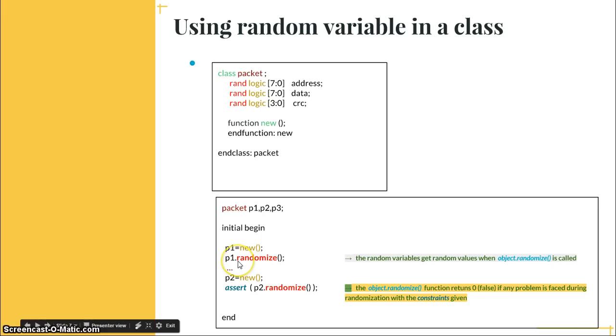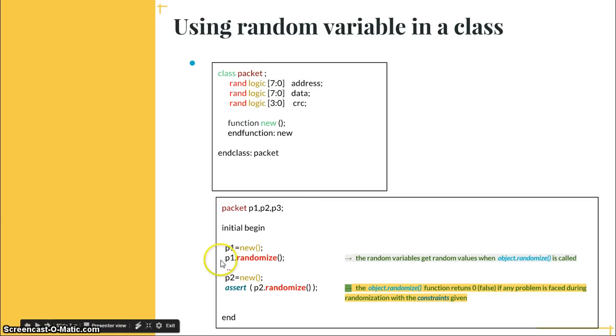When you call a function called randomize, which is a SystemVerilog specific function, you have to call this function by using an object name. When you call randomize within an object, like object.randomize, the random members or random variables within this class definition will get a valid random value according to the definition. As I said earlier, address is a random member of type [7:0].